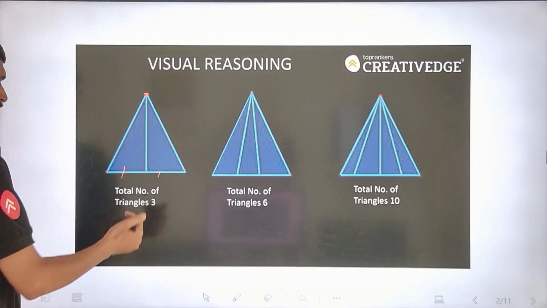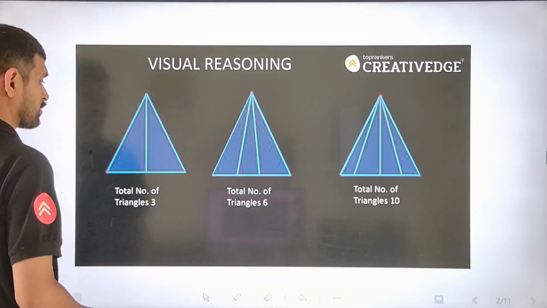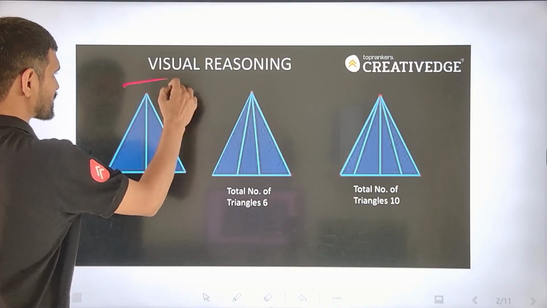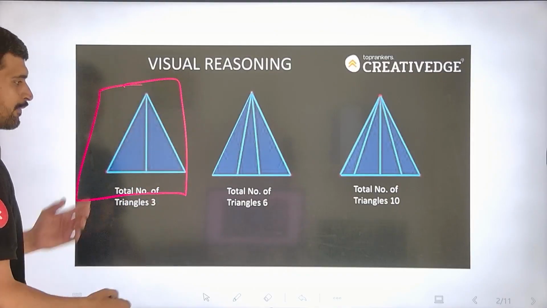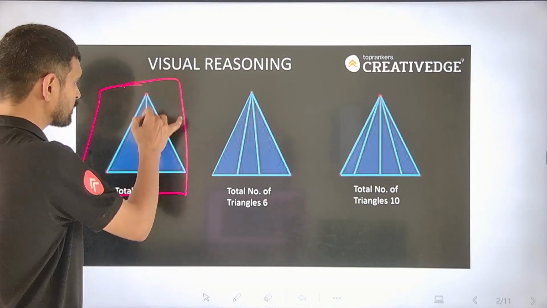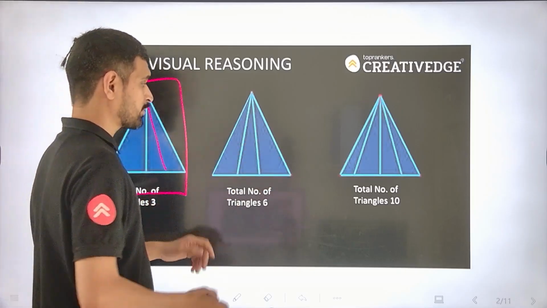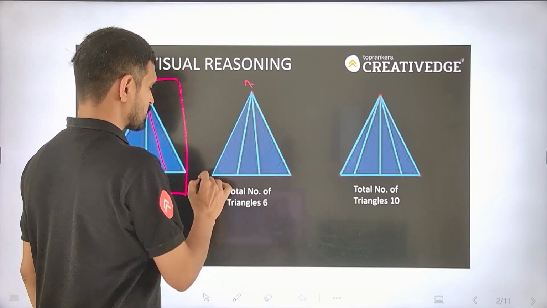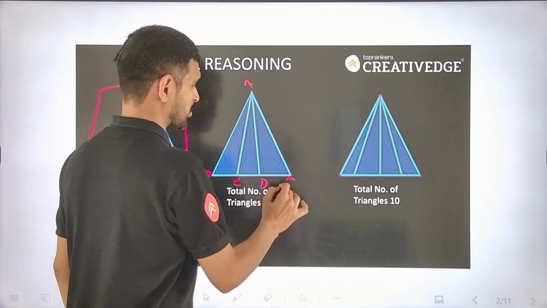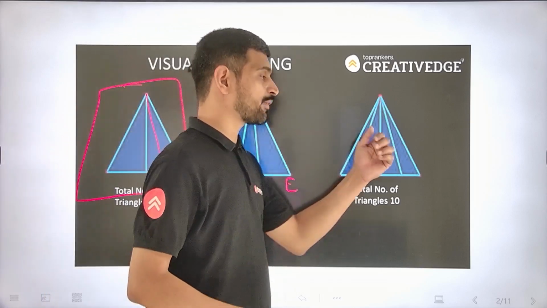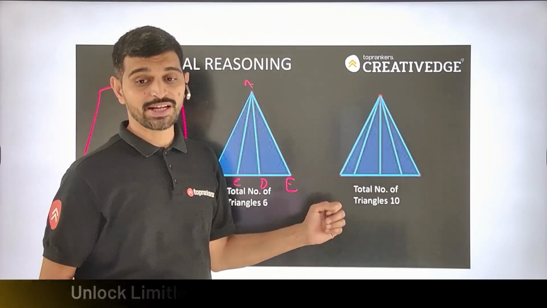The total number of triangles that we need to count here. Every time there is a specific structure like this one, you'll always have three triangles. When one more line is drawn, you'll have double that. So in this case, the total number of triangles will be 6. If one more line is added, the total number of triangles will be 10.